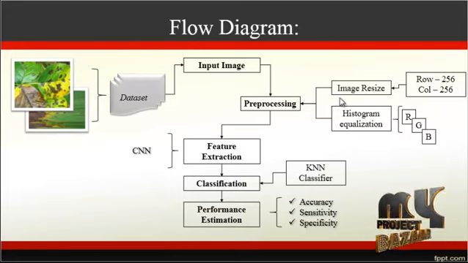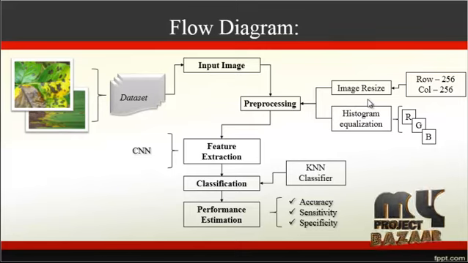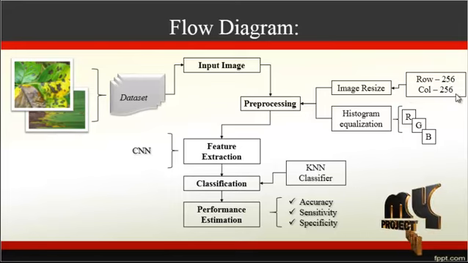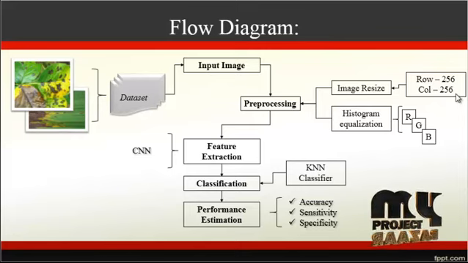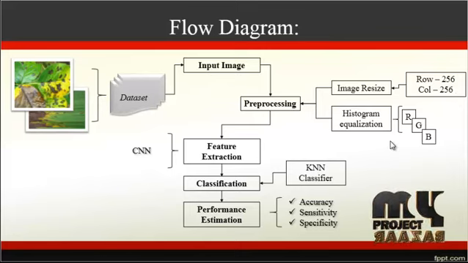Now we discuss the first step. In this first step, the image resize will be carried out. The image will be resized into an aspect ratio of 256 cross 256. Hence, the number of rows contains 256 pixels and the number of columns contains 256 pixels. After the image resize, the histogram equalization will be carried out.